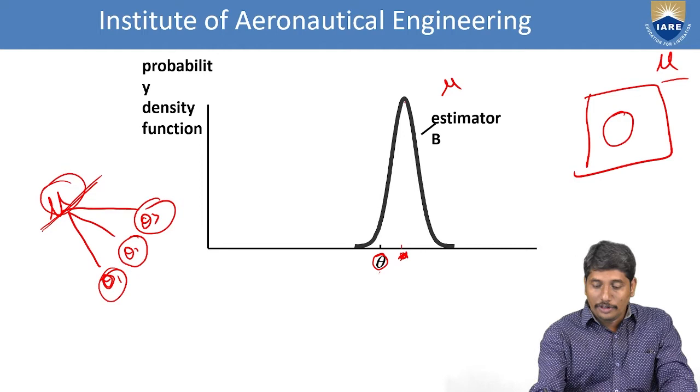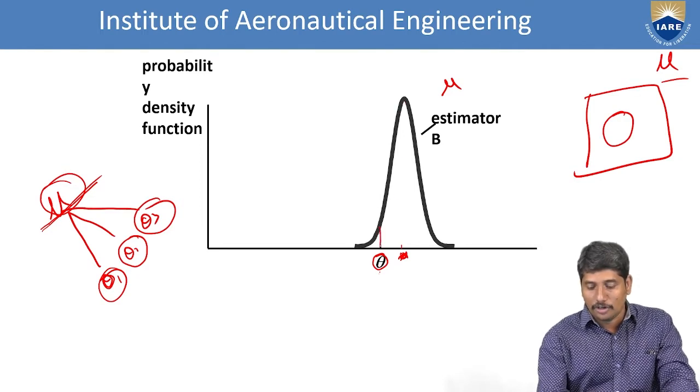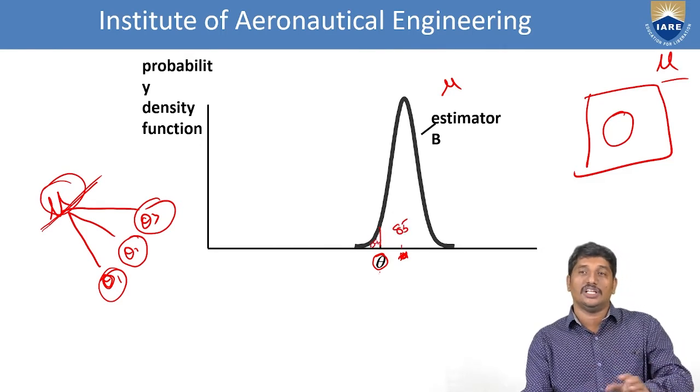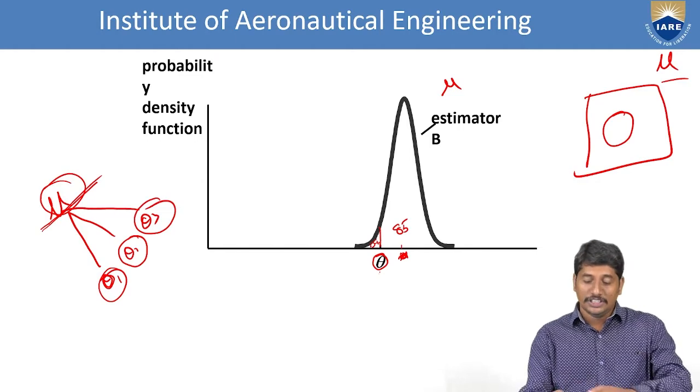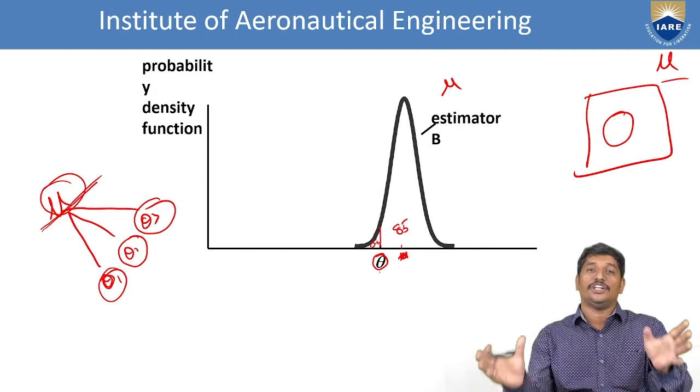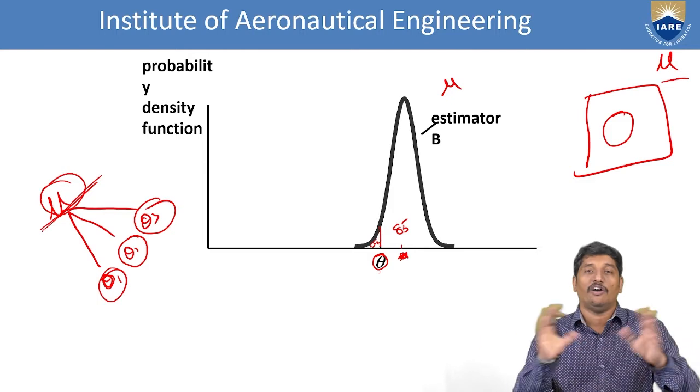Now, if we draw a line here, we observe that more data, about 85%, is concentrated towards the right. Only 15% of the data lies towards the left of theta. That means theta is failing to concentrate the data equally on either side of theta.